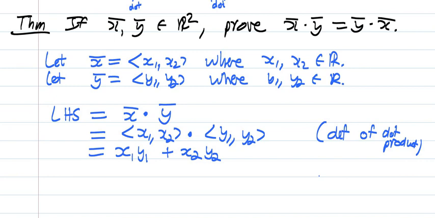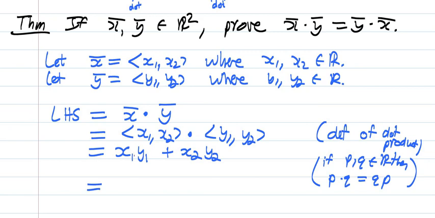Now we're going to use a fact from high school that if p and q are real numbers, then p times q is the same as q times p. Applying this fact here, that term is the same as this term. We know that x2 times y2 is y2 times x2. So here we use the fact that multiplication of real numbers is commutative.